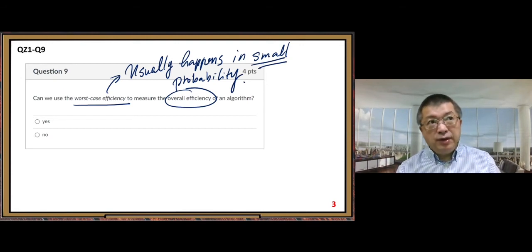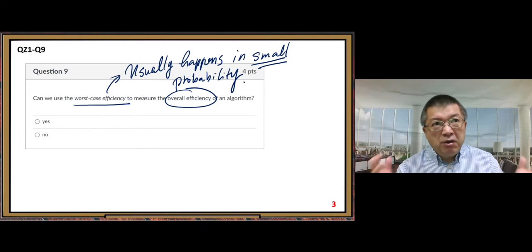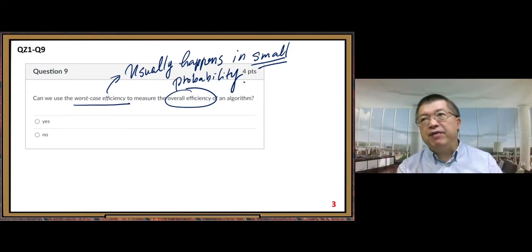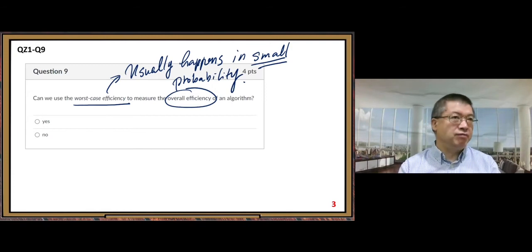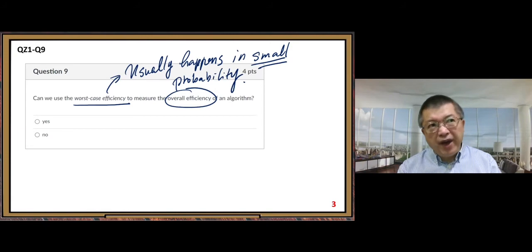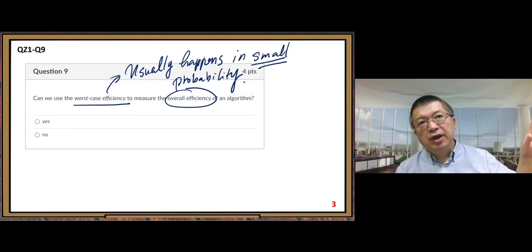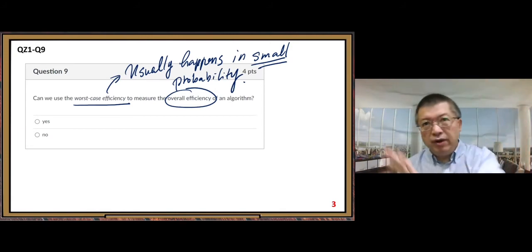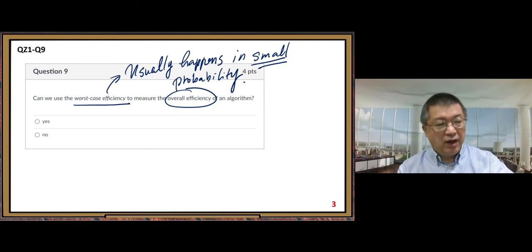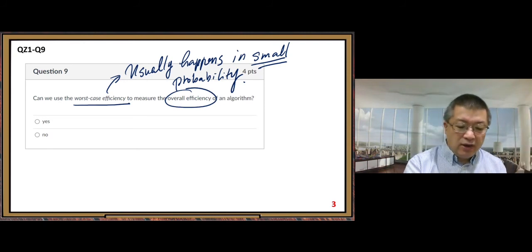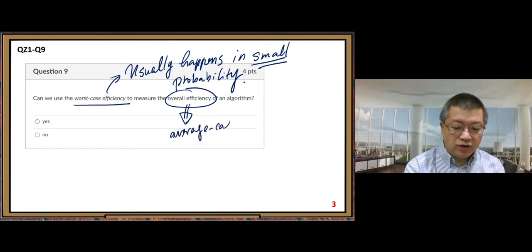Although you may have it, that probability is so small, it is very rare to have that worst case. So it is not fair to use that worst case to measure the overall efficiency. It is not a good measurement for overall average case efficiency.